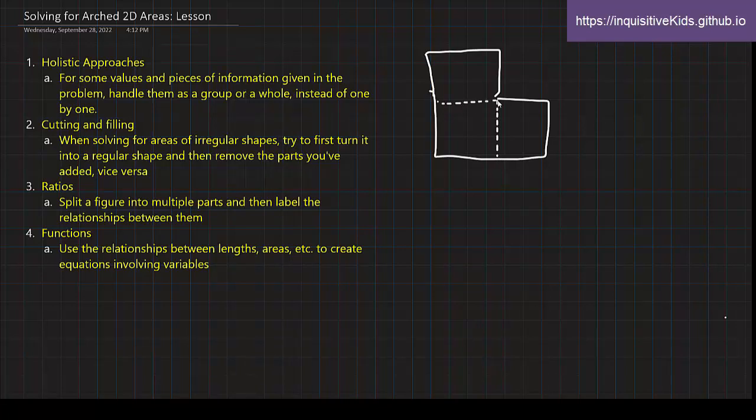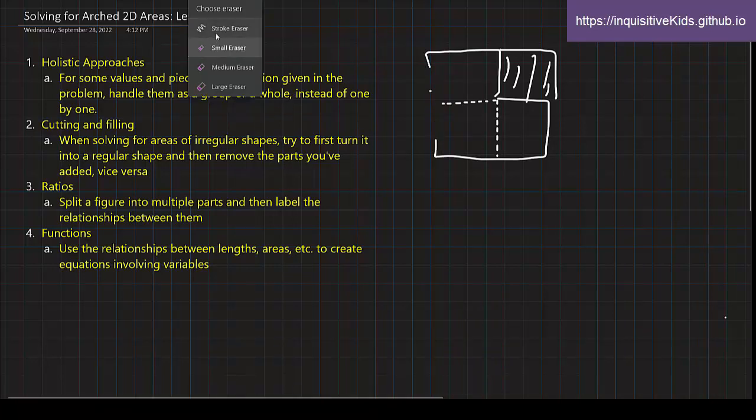Cutting it will make it easier to solve. This is an example of splitting things up, or cutting and filling. Of course, you can also add a new area here. Then you can first find the area of this entire rectangle, then find the area of this smaller rectangle, take that away, and you'll have the L shape. That is an example of cutting and filling.